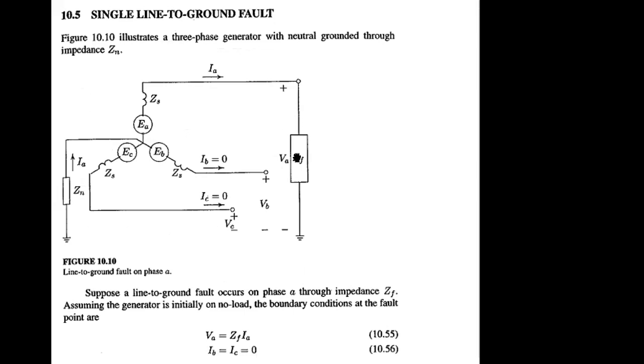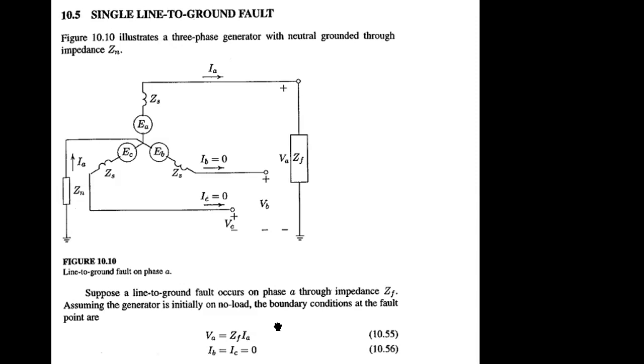Based on the fault impedance. Initially, you have the open circuit, but when you have fault, it will generate some path, and that path will flow some fault current through that fault impedance. In that case, you will have some voltage drop over that phase A terminal, and for phase B and C, you will have 0.